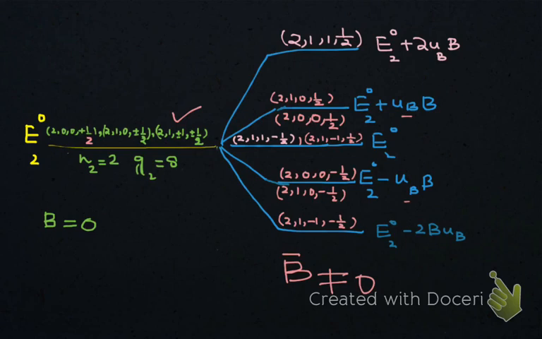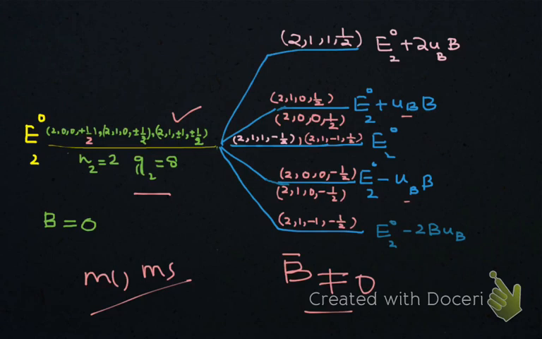You can see here before applying the magnetic field we have a degenerate level, but when magnetic field is applied we have 1, 2, 3, 4, 5 non-degenerate levels, but the levels having the same value of ml and ms are still degenerate. After splitting, they will also experience the same degeneracy.